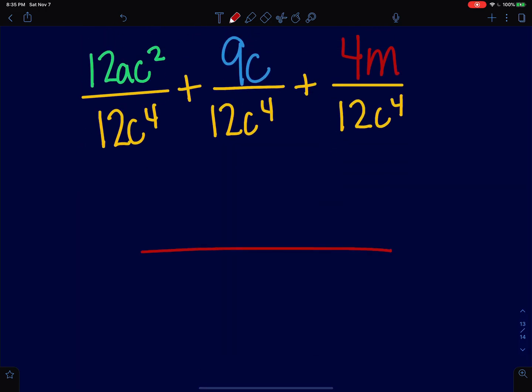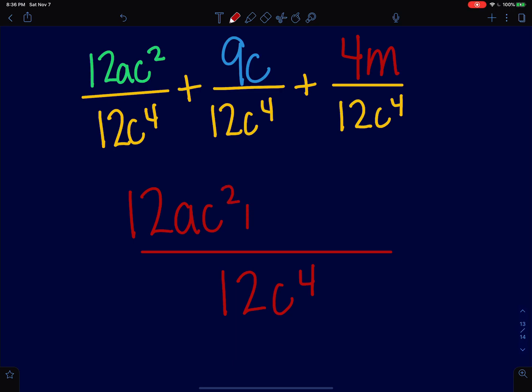It's going to be something over 12c to the 4th. And since none of these on the top are like terms, I'm just going to add them one after the other: 12ac squared plus 9c plus 4m. Okay, that is the final answer.